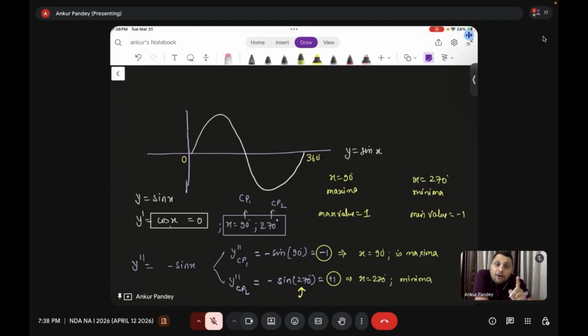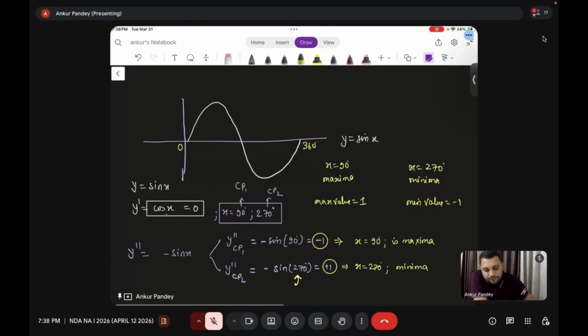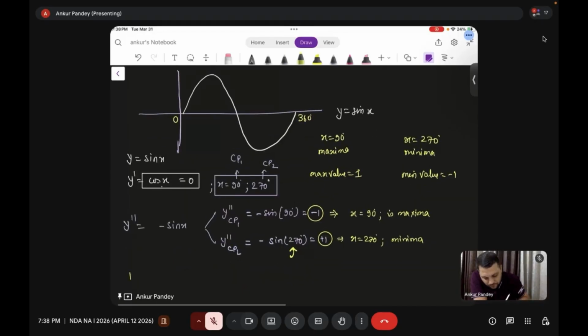Clear? Now for the maximum value, put maxima in the equation. So when I put maxima in the main equation, I get the max value, which is +1.